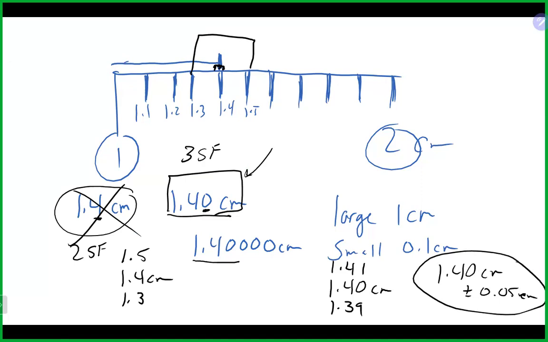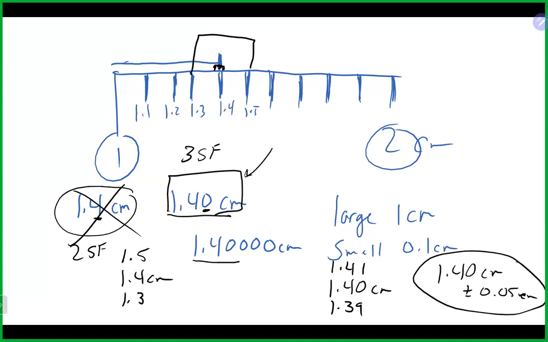So sometimes people will lop off the number and not record the 0. And what you're doing is you're making your measurement worse in that case. You're putting a lot more error in there than you should have based on the scale that you're using.